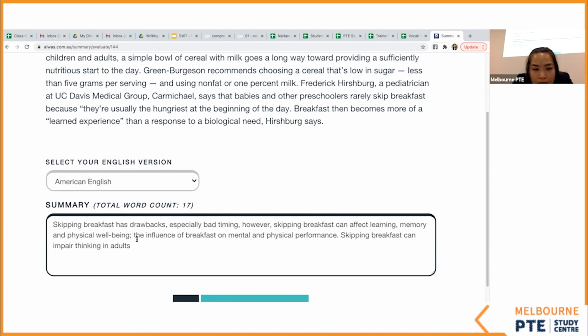How can we fix this sentence? Actually, I can just cut this one. Moreover, skipping breakfast can impair thinking in adults and have an influence of breakfast on mental.